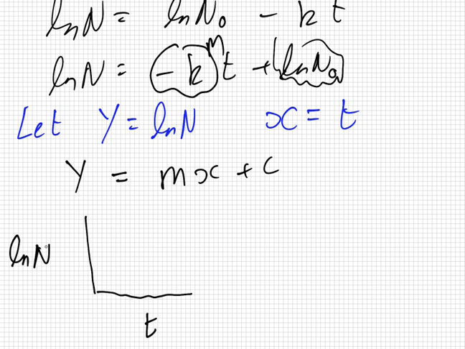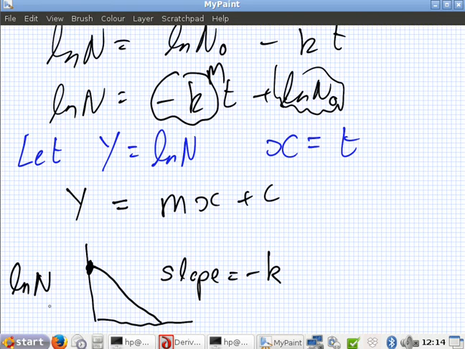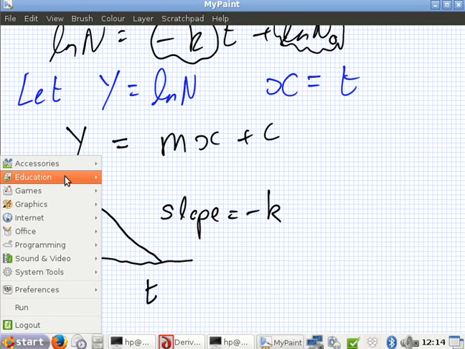And what's this point here on the y-axis? Log n0. And the slope here, what do we say that equals? Minus k. So in the exam, this could be a question where they give you the n, and then they ask you to draw a suitable graph. No, just how to graph it. Let's look at an example.